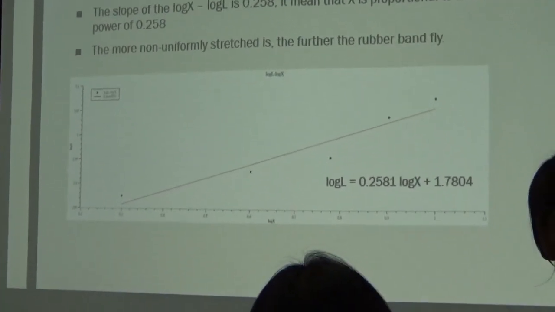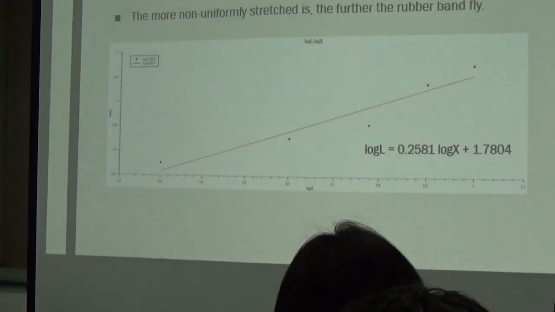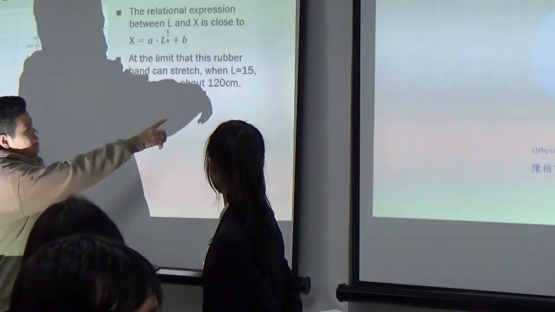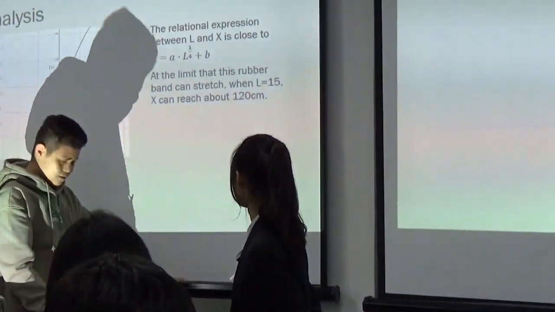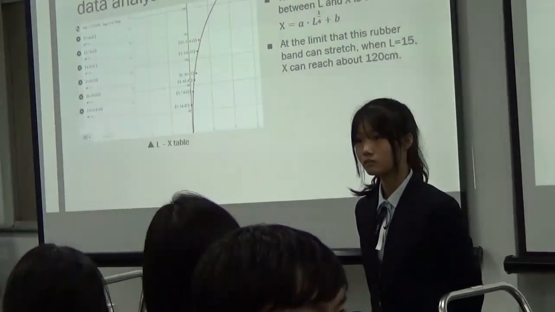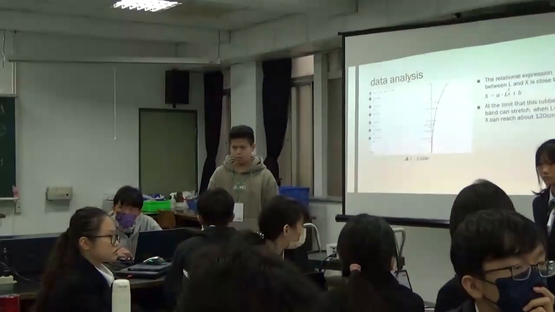But I remember that from your conclusion it is like 120 centimeters. That's the maximum traveling length, is that right? It's the maximum for this rubber band, because the L is only equal to 15. So my question is maybe for the reporter.